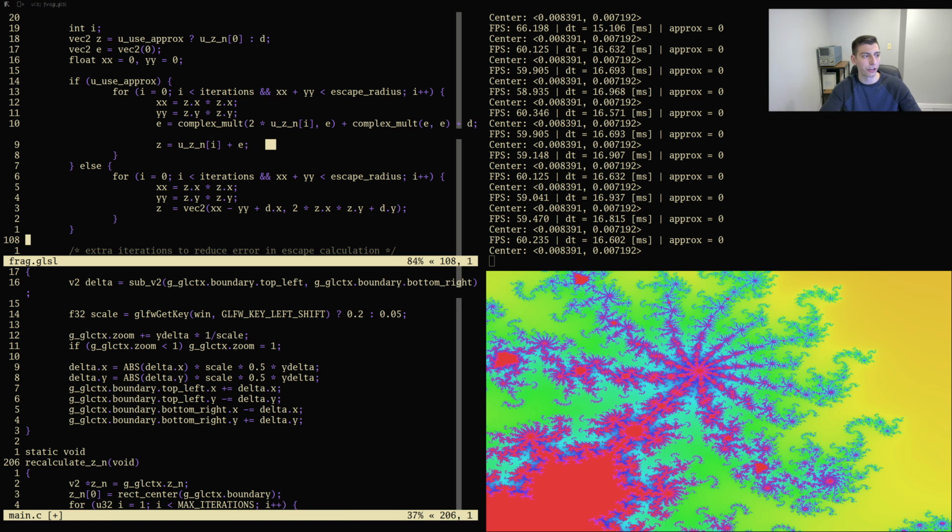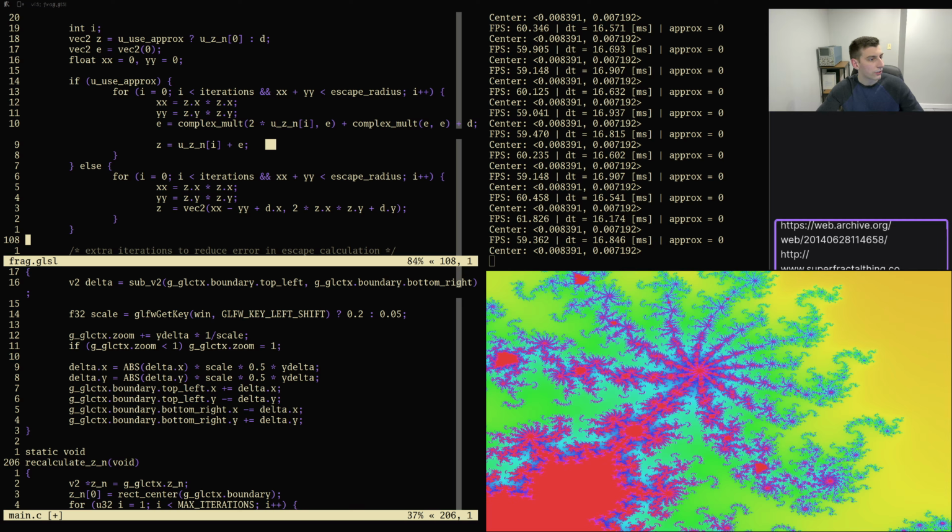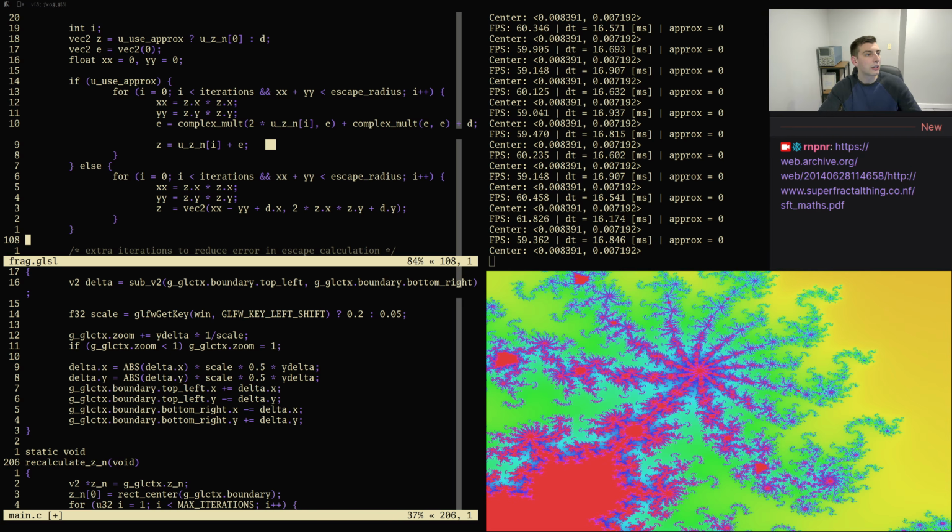It's not really a paper, it's just a 1.5 page LaTeX document, a write-up on this algorithm, which I will probably just dump in the chat. Let's do this. So I'll dump that in the chat, and also try to remember to link it in the YouTube video, which may get uploaded at some point.